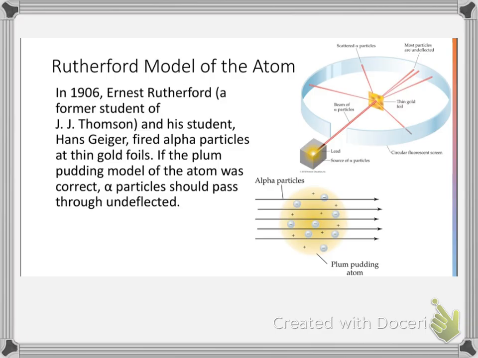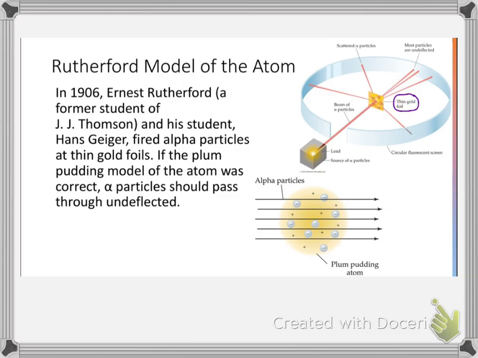So here's a really cool experiment, and I don't normally show experiments, but I think this one is so cool. This is called the gold foil experiment, and the reason it's called gold foil is because he used a piece of thin gold foil.